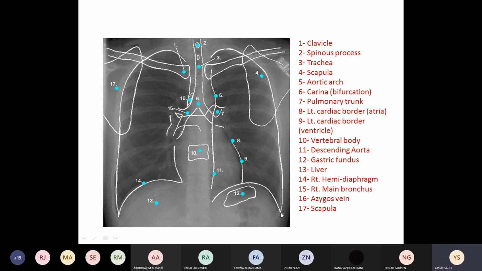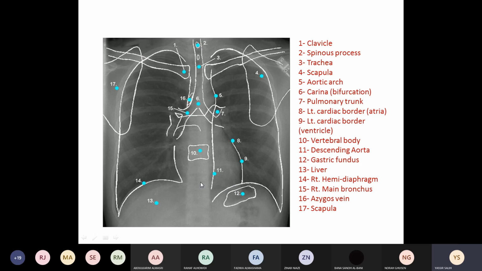So the diaphragm should be seen from the left costophrenic angle to the right costophrenic angle, except in the area in contact with the heart and mediastinum.